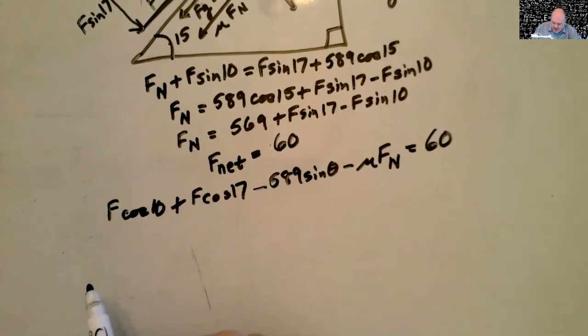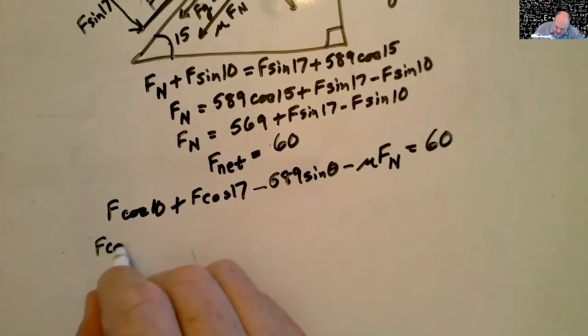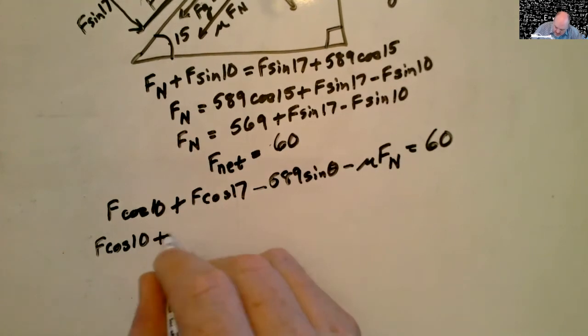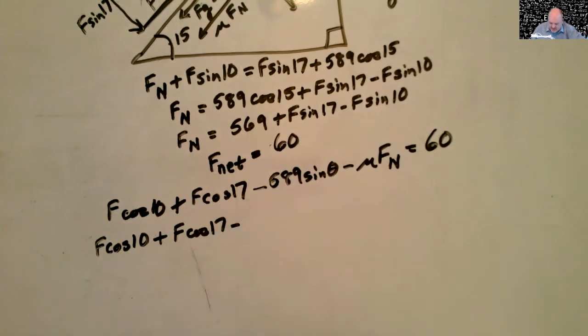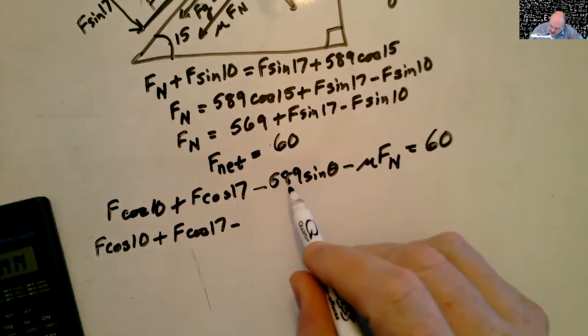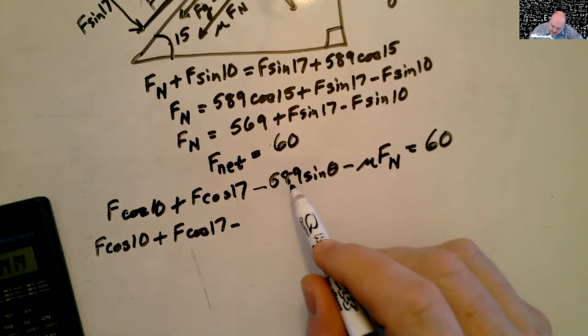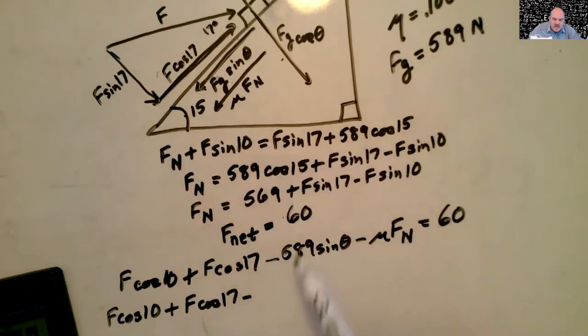I'm going to do F cosine 10 plus F cosine 17 minus, let's just do a number here because I know what this is. This was the parallel component of the weight.